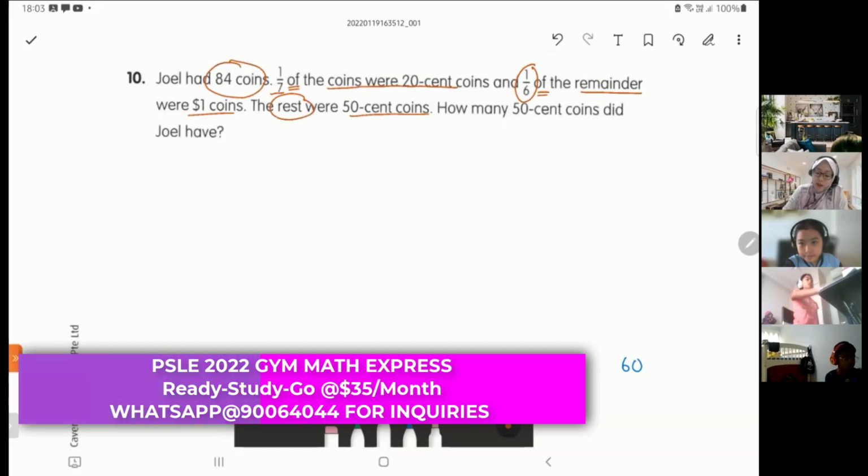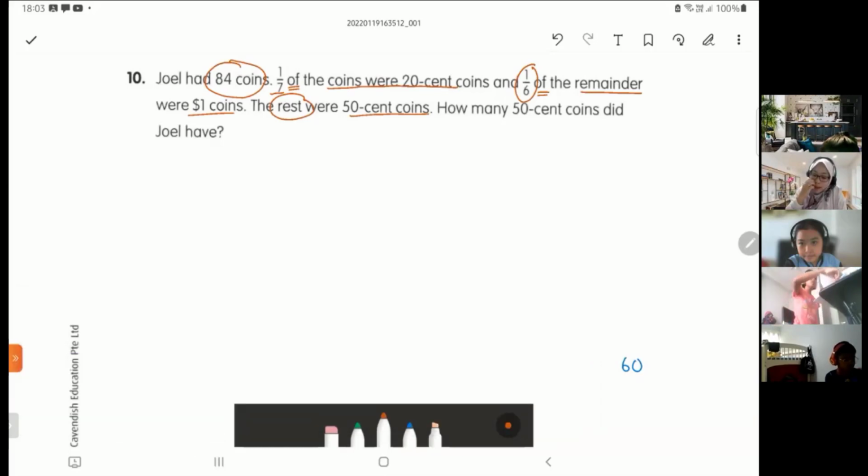So first things first, can we find the number of 20-cent coins that he has? This question said 1/7 of the coins are 20-cent coins, right? So just put down like this. I want to find the number of 20-cent coins. Number means how many of them.